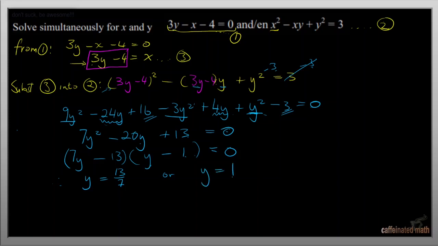Now let's not forget, we still have an x to solve for. So if we want the value of that x, that's going to be x being equal to 3 times 13 over 7, and then I can say minus 4, which will just equal, let's see what the handy calculator says here, 11 over 7, or for y equals 1 the value is quite simple. 3 times 1 minus 4 gives us negative 1.